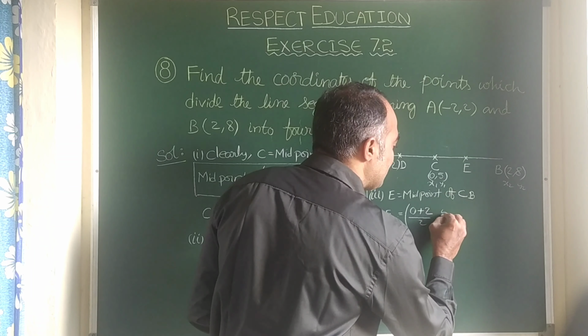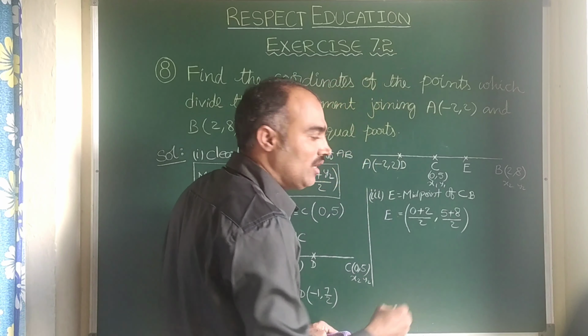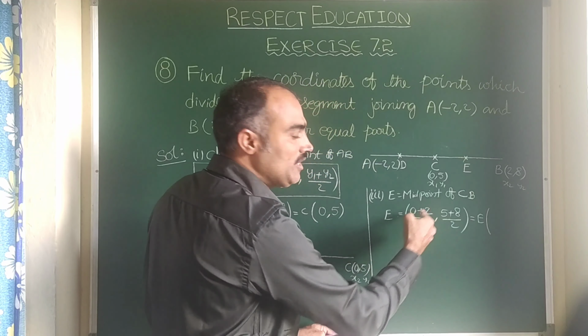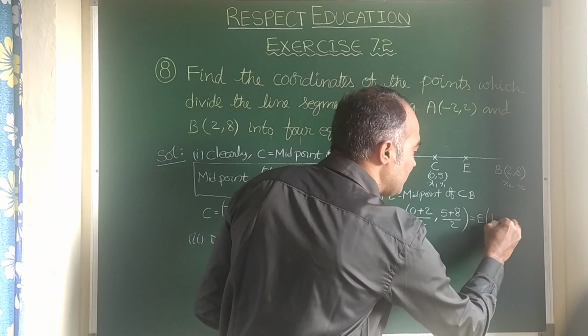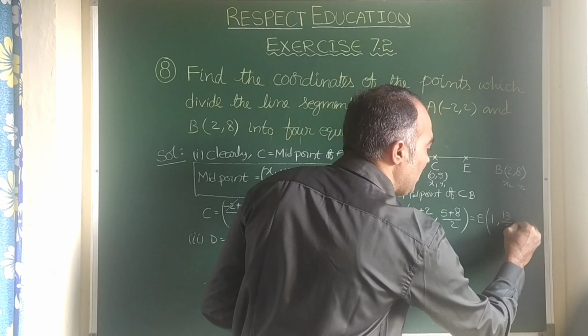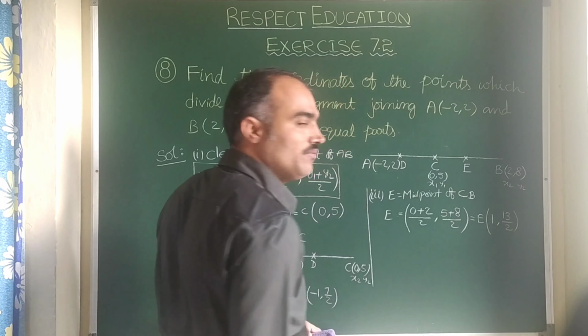Again y1 is 5 plus y2 is 8, by 2. So on simplification we get E. 0 plus 2 is 2, 2 by 2 is 1, 5 plus 8 is 13, so 13 by 2. So this is (1, 13/2).